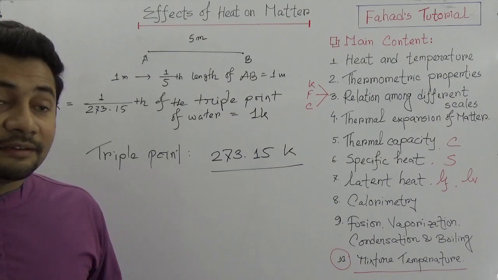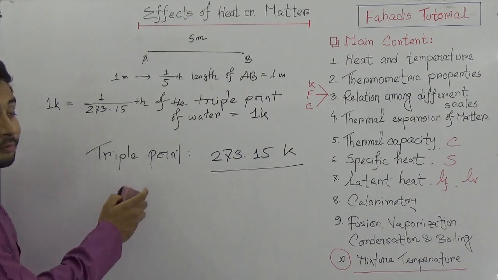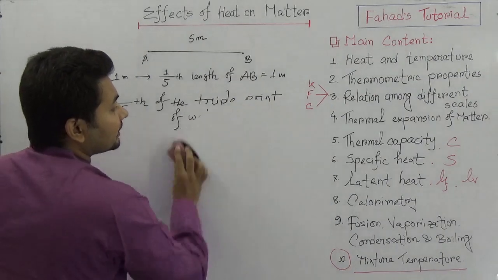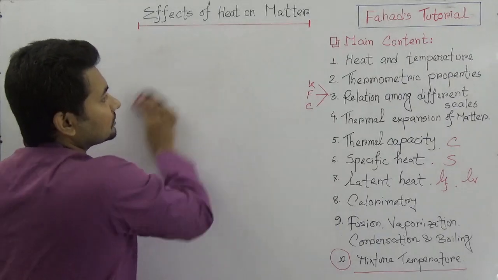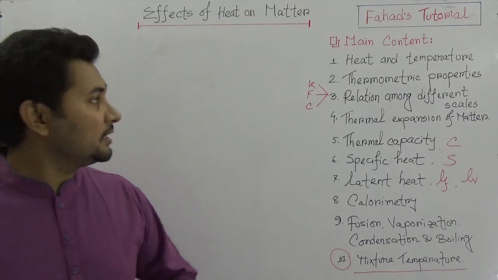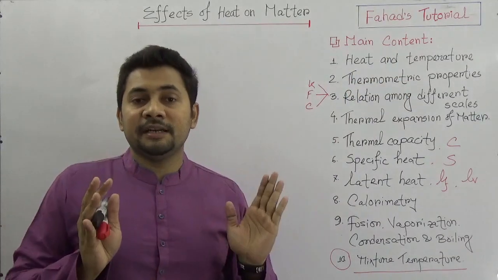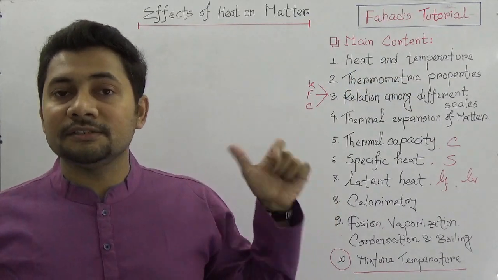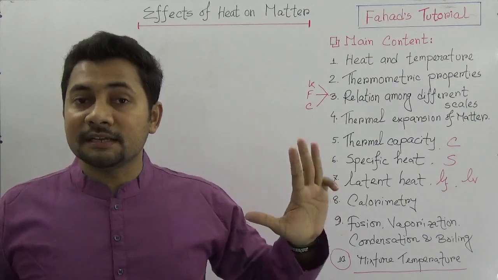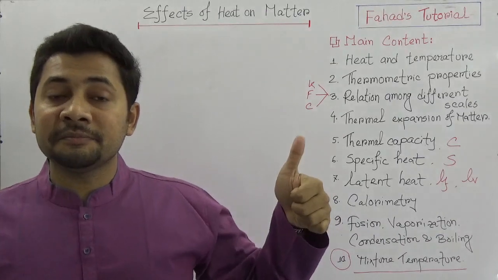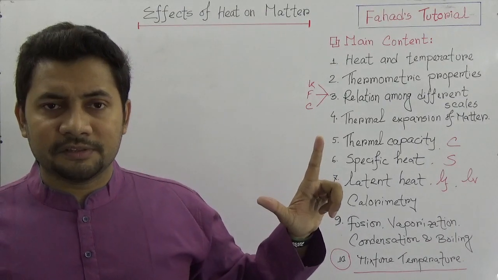Another important thing after the triple point that we need to know is thermometric properties. I'm explaining heat and temperature very primarily. You know about heat, its SI unit and its use, and the definition and unit of temperature.